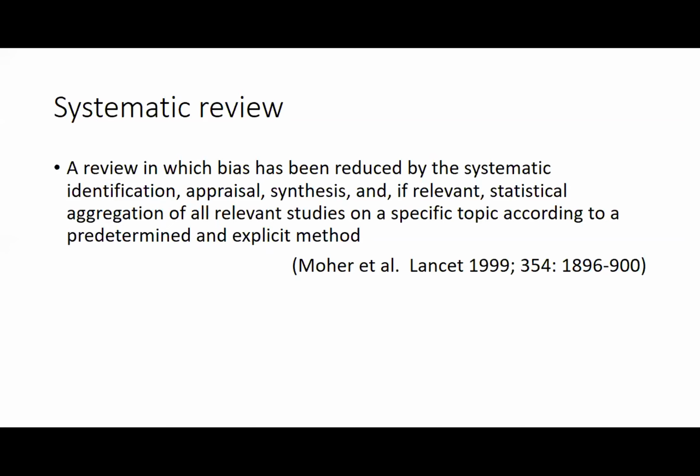So when you combine results statistically, that's a meta-analysis of all relevant studies on a specific topic, according to a predetermined and explicit method. There's quite a lot captured in this definition, but it gives you a very good idea of what a systematic review is all about.